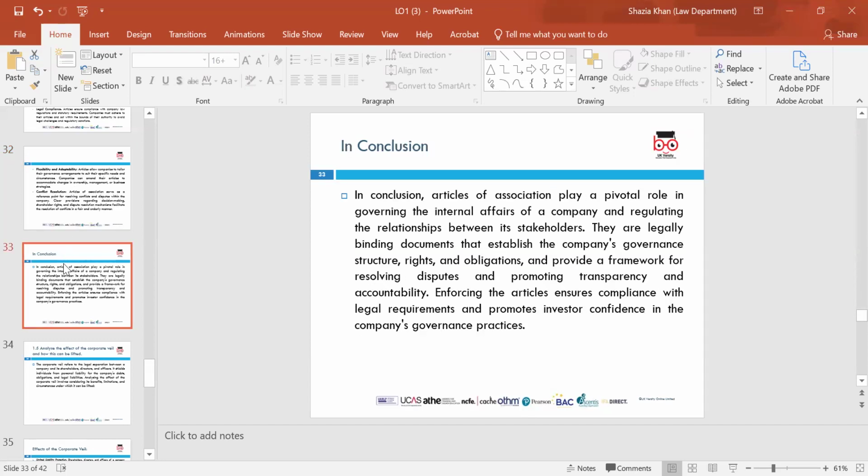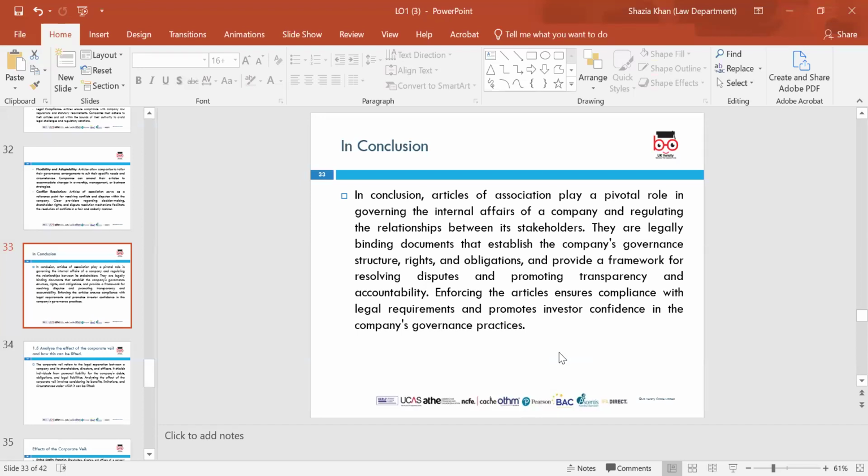In conclusion to 1.4, articles of association play a crucial and pivotal role in governing the internal affairs of a company and regulating the relationship between its stakeholders. They are legally binding documents that establish the company's governance structure, rights and obligations, and provide a framework for resolving disputes and promoting transparency and accountability. Enforcing the articles ensures compliance with the legal requirements and promotes investor confidence in the company's governance practices.